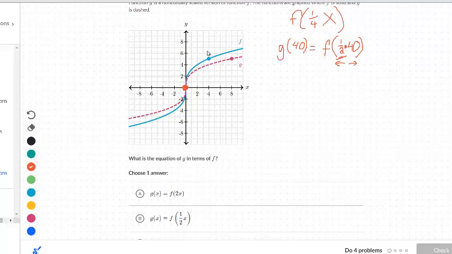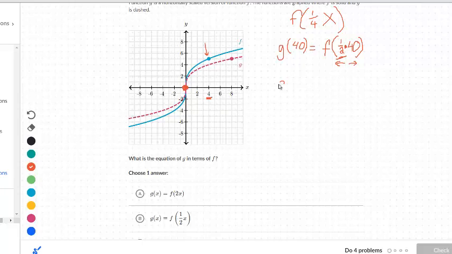What I do see that we're doing is we're taking our starting point here that was at 4 of our input, because we're scaling our inputs now. So what was at 4 is now happening at 8. So we think about where we are and how we're going to get there.